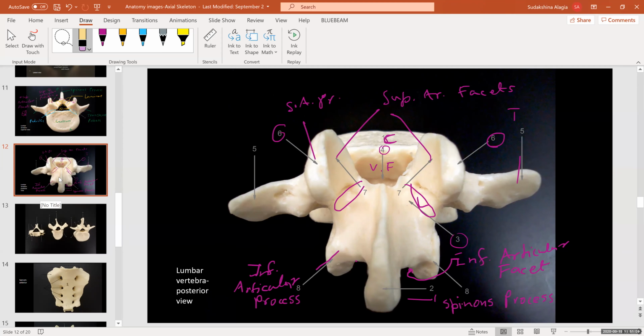So this turned inward, turned facet, wide body. This basically gives away the lumbar vertebra, as well as the absence of transverse foramina like you see for cervical vertebra. Spine is straight out, not projected inferiorly.